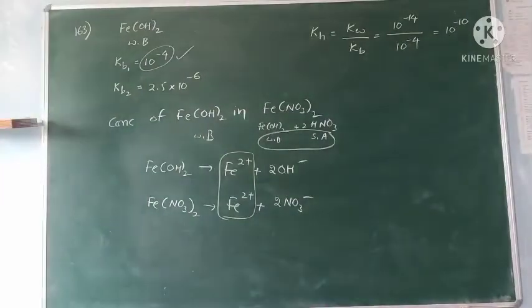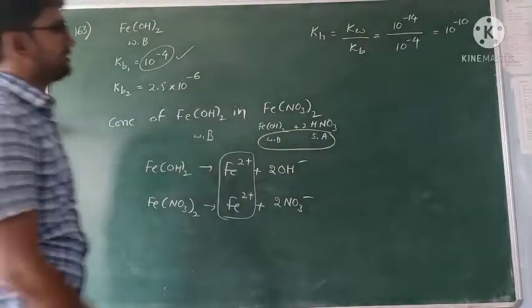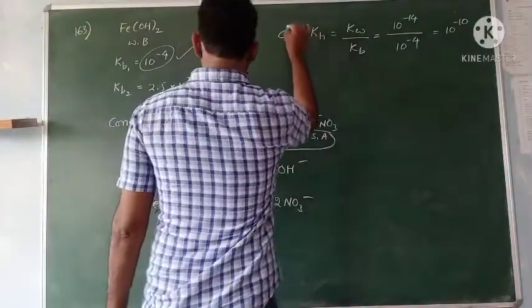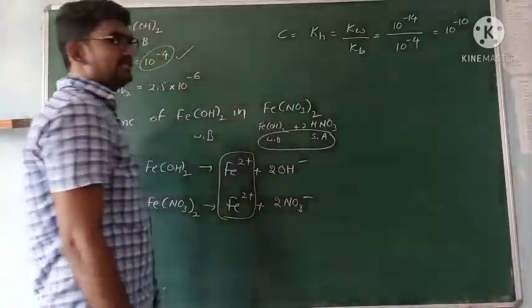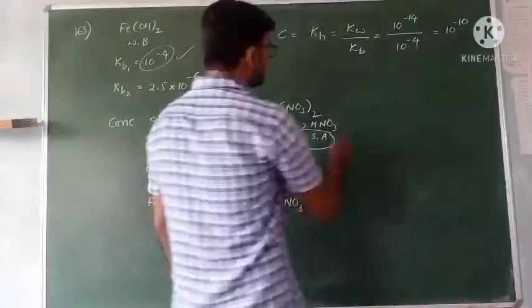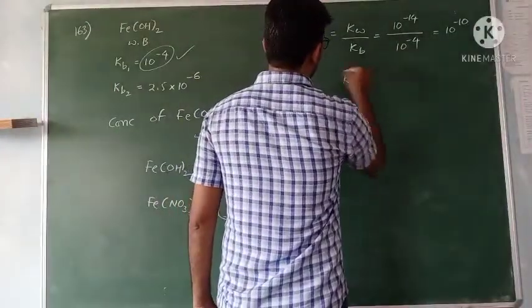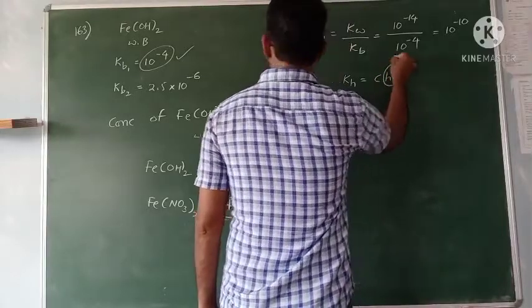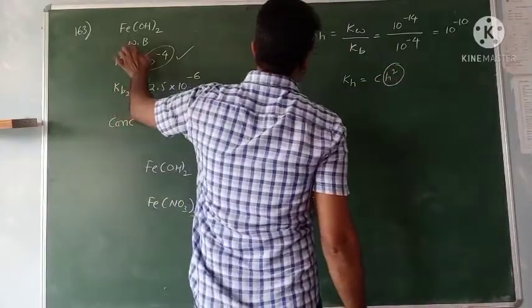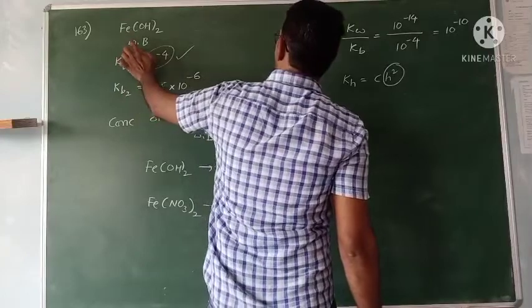So this KH value is equal to the concentration of the given one. We know that KH is equal to CH squared, but h, the degree of hydrolysis, is very small, because the given one is the weak base.